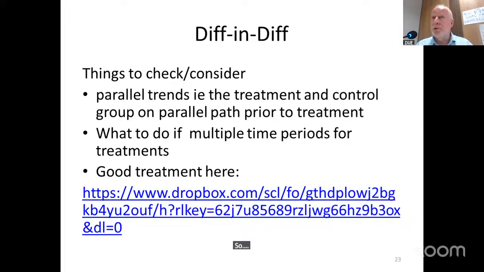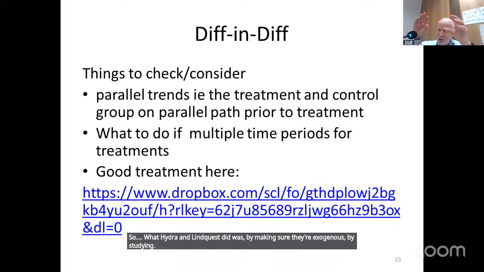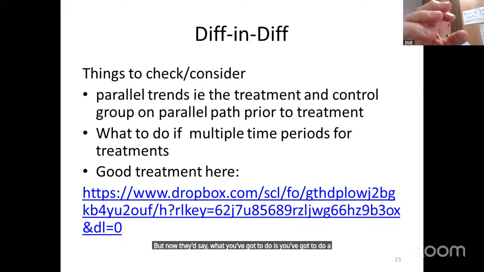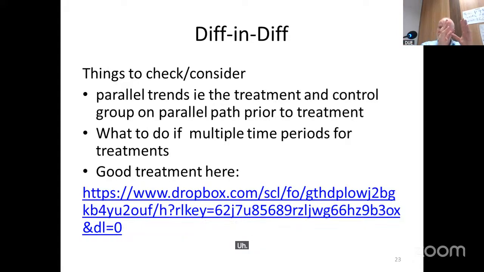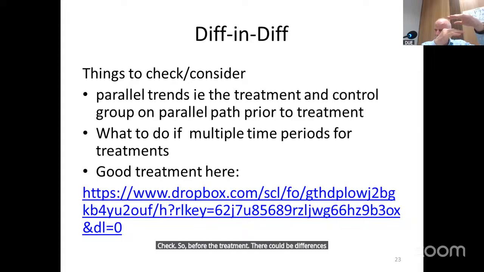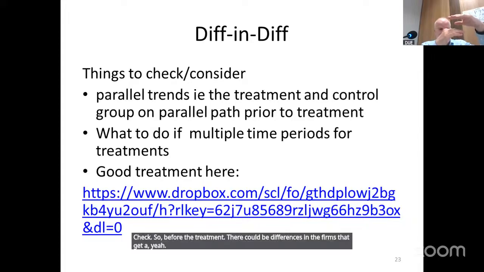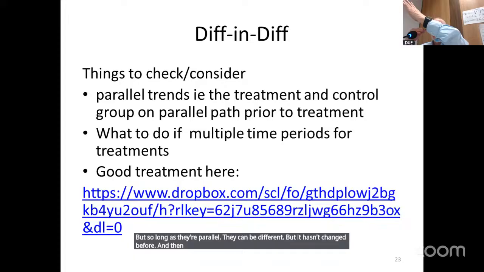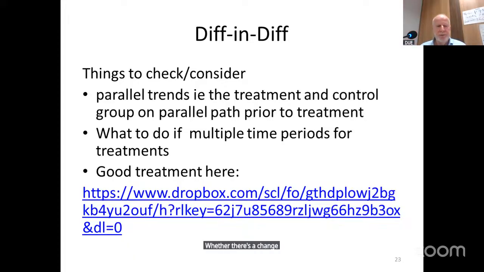What Hyder and Lindquist did, by making sure they're exogenous, by studying firms in the same industry just across the state lines, was very good. But now they'd say what you've got to do is a parallel trends check. Before the treatment, there could be differences in the firms that get the treatment versus the control, but so long as they're parallel, they can be different, but it hasn't changed before. And then you're looking for whether there's a change afterwards.